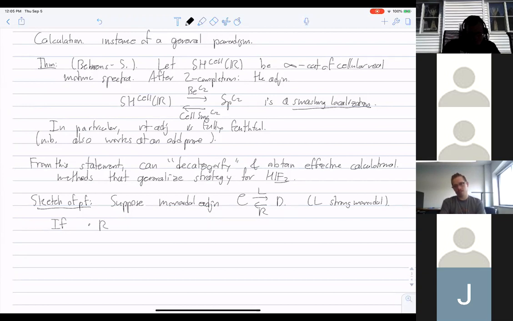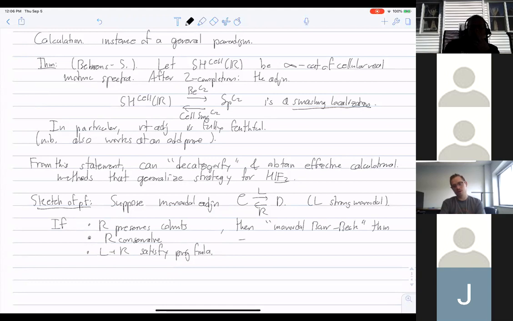If I have the following conditions: R preserves colimits, R is conservative, and L and R satisfy the projection formula, then the so-called monoidal Barr–Beck theorem implies D is equivalent to, sorry, that's the wrong way.